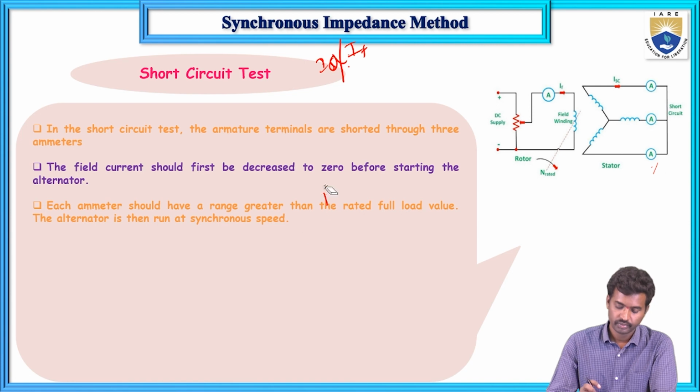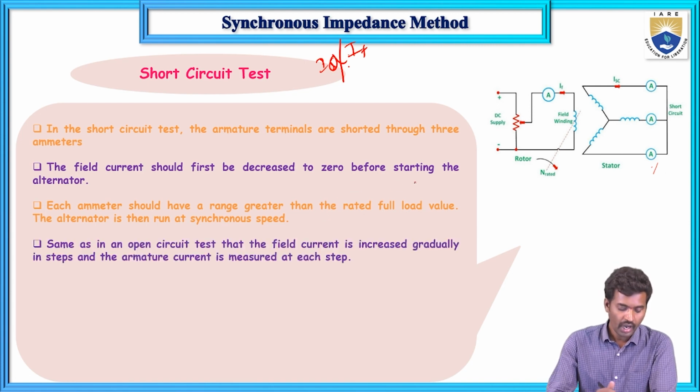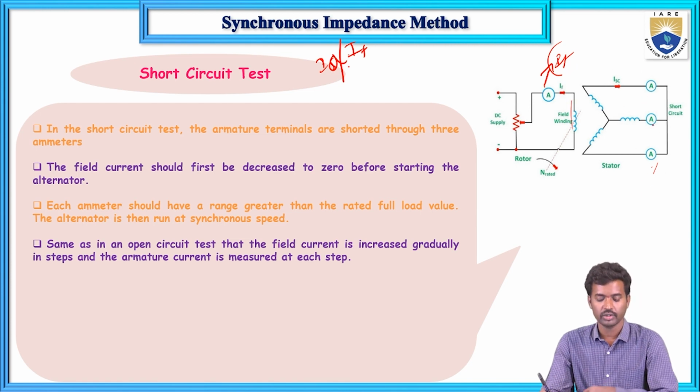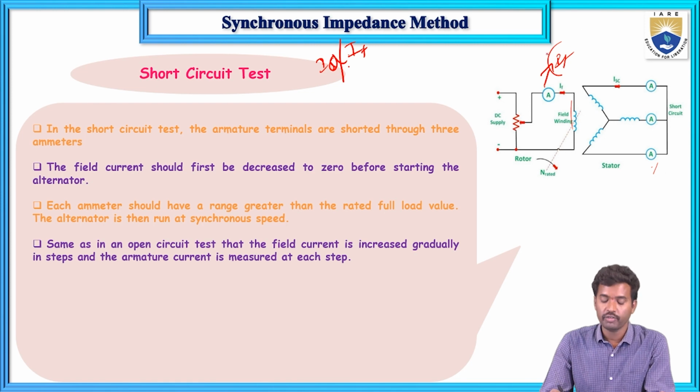Next, as in the open circuit test, the field current is increased gradually, step by step. So increase the field current, and after that measure the armature current, that means the short circuit current, at each step of field current.